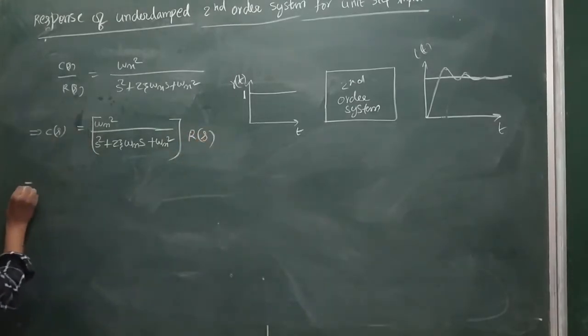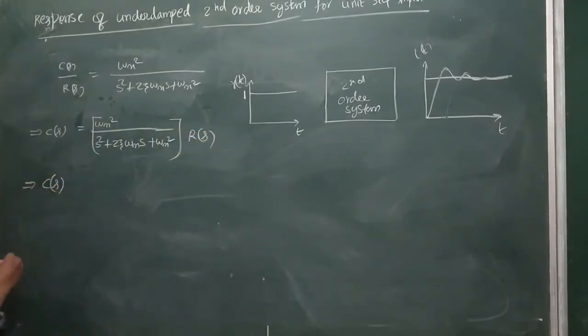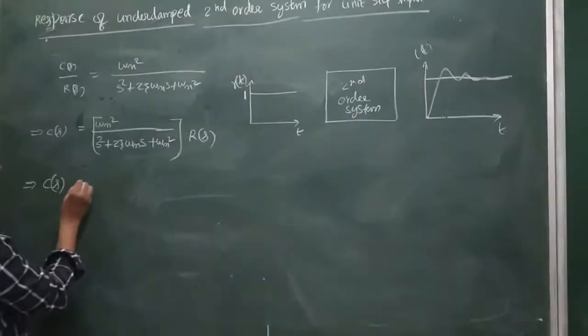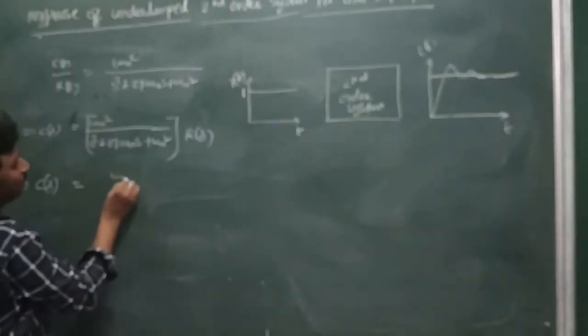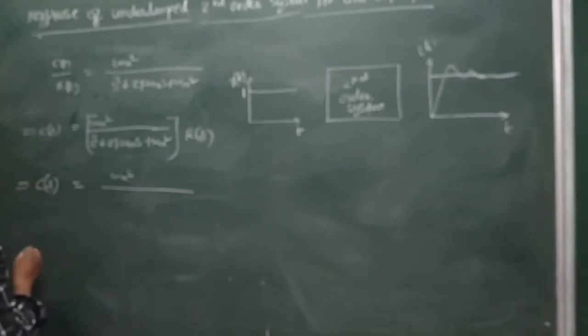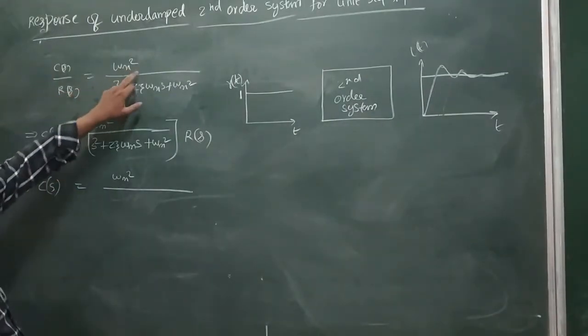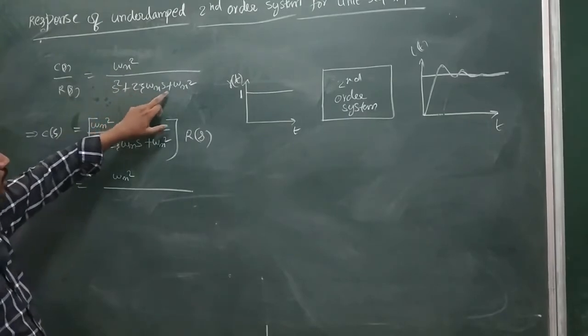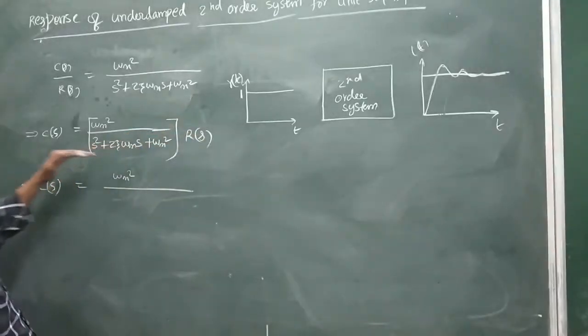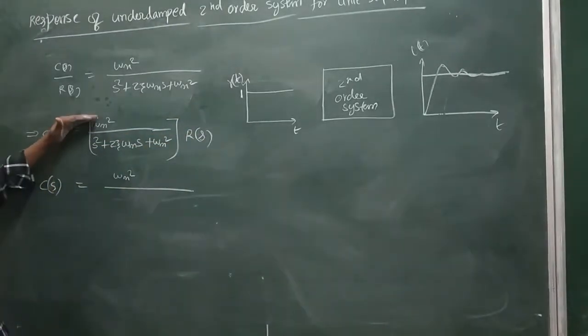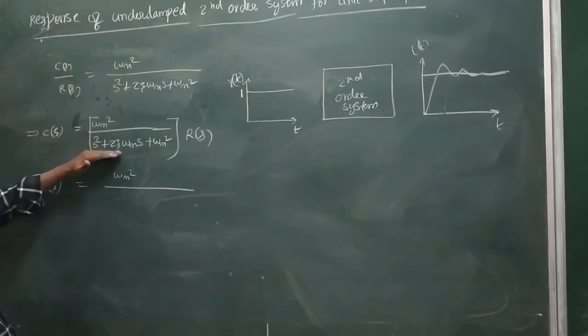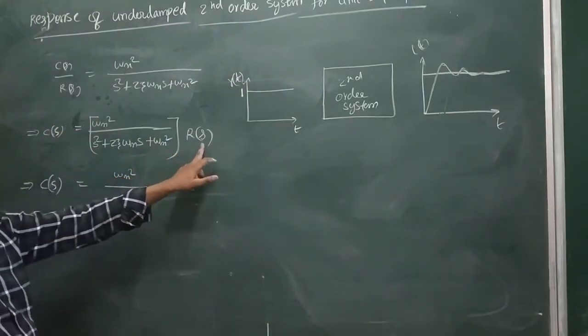So C of s by R of s is equal to omega n square by s square plus 2 zeta omega n s plus omega n square. So C of s is equal to omega n square by s square plus 2 zeta omega n s plus omega n square into R of s.